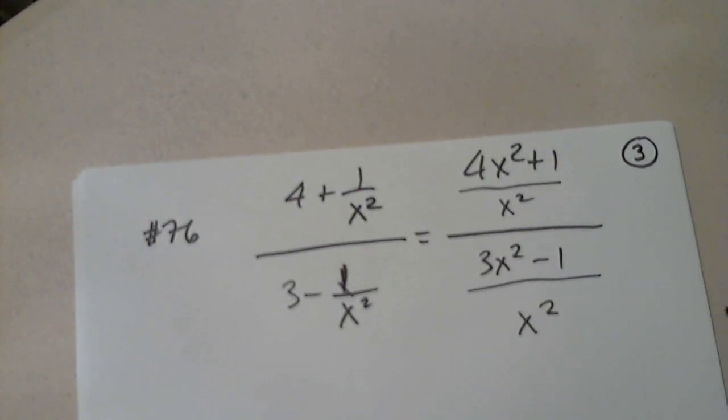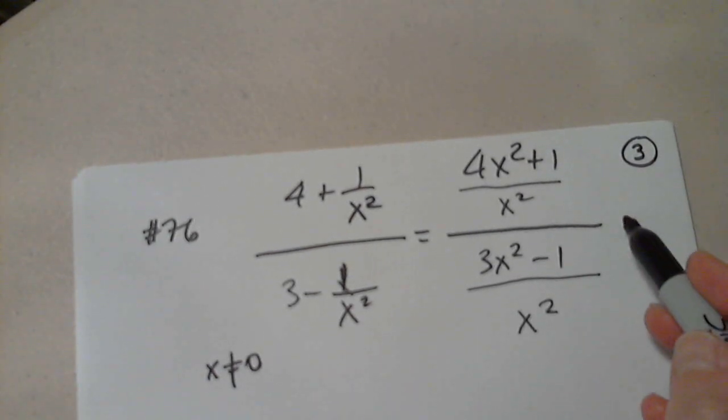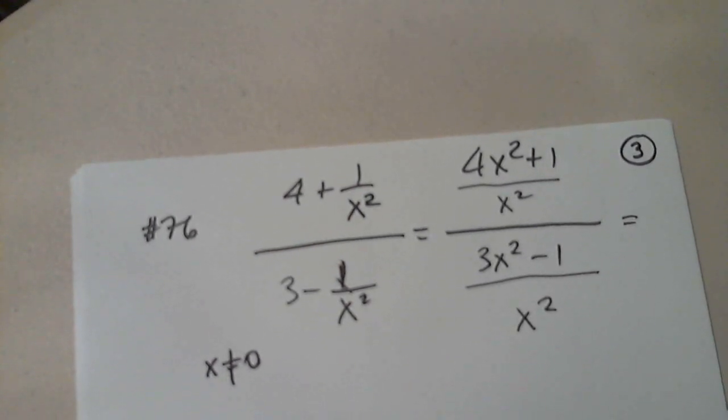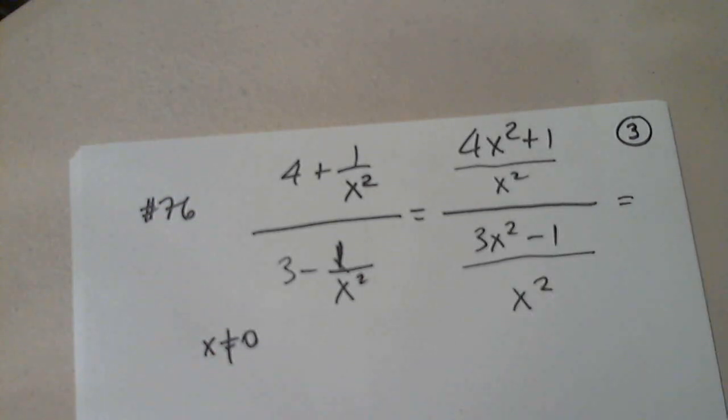Perfect. Now remember, x cannot be 0, as we know. How do I divide two fractions? I have two fractions. Yes? Go ahead. Zach, go ahead. Then multiply them. How?